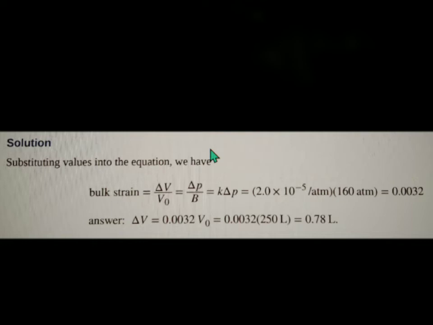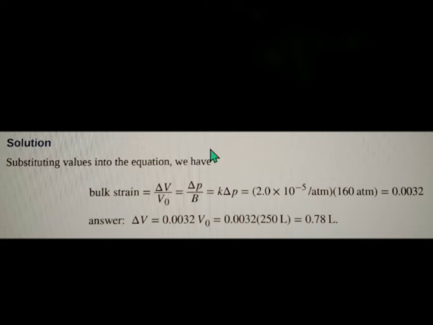Solution. Substituting values into the equation, we have bulk strain equals delta volume over the original volume, which is equal to delta pressure over B, so equals K delta pressure, which is equal to 2.0 times 10 to the power of negative 5 per atm multiplied by 160 atm, which is equal to 0.0032.